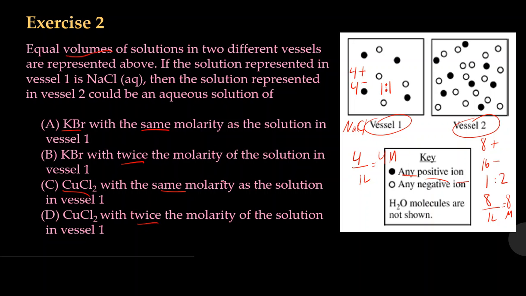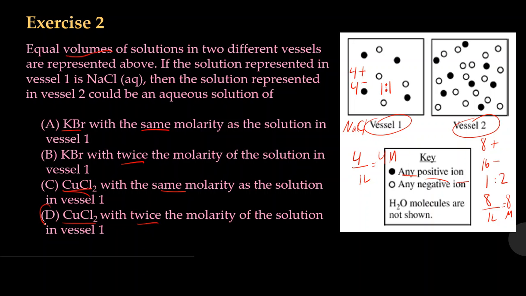So what I'm seeing is that the one with the 1 to 2 ratio is going to be your CuCl2. But if I'm looking at the molarity too, the anions are quadruple what they are over here, which if it were just double, or the same concentration, they would just be double since it's a 1 to 2 ratio.